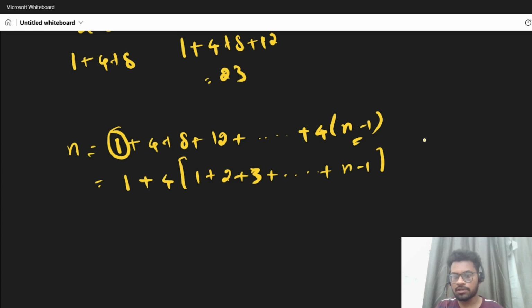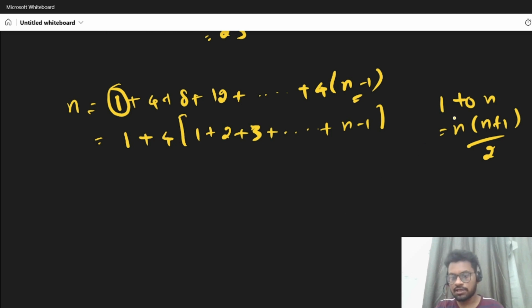If you remember the formula, the summation of 1 to n elements is n into n plus 1 by 2. Here, n is n minus 1, and if you add 1 to it, n minus 1 plus 1 is basically n.